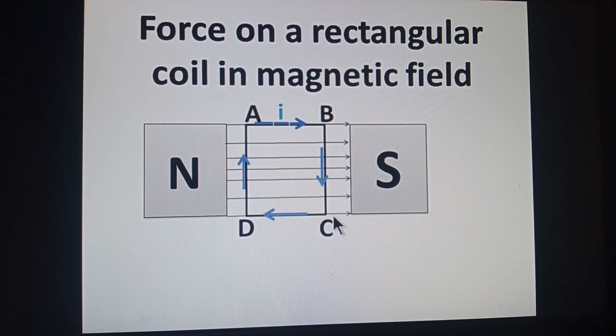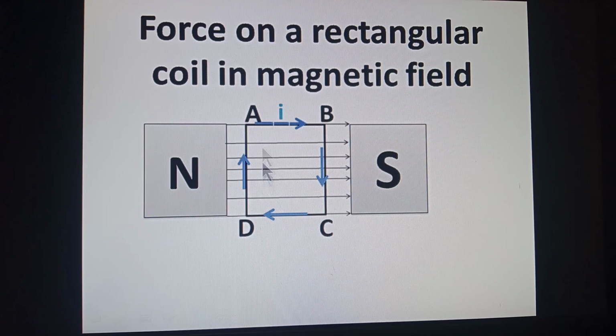And similarly, from C to D, again the segment of coil is parallel to the magnetic field. Means current is flowing parallel to the magnetic field in these two sides of the coil. So angle is 0, and you know that sine of 0 is 0. No force exerts on these two sides of the coil due to magnetic field.